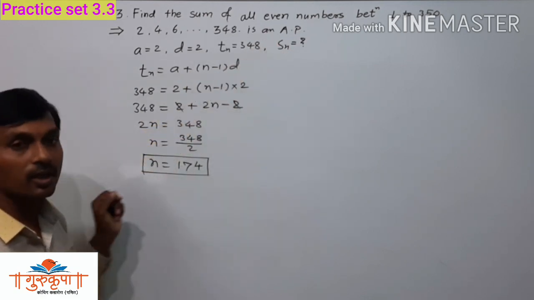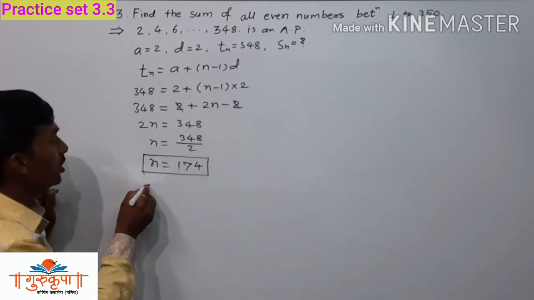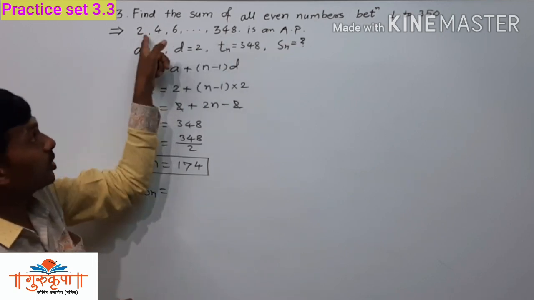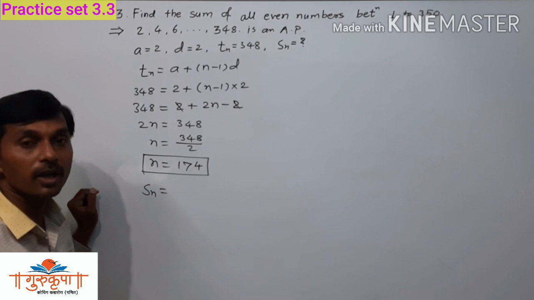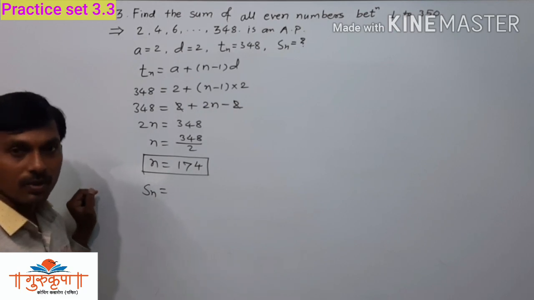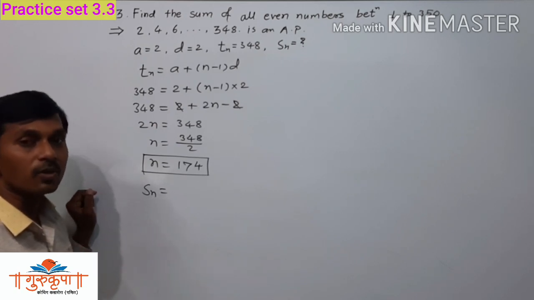Since we have to find S174, we will write the formula for finding the sum of the n terms. We have two formulas for finding the sum of n terms.